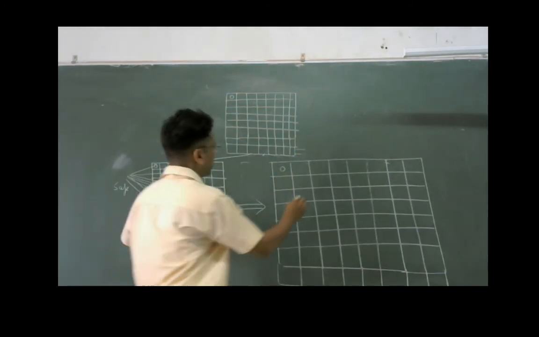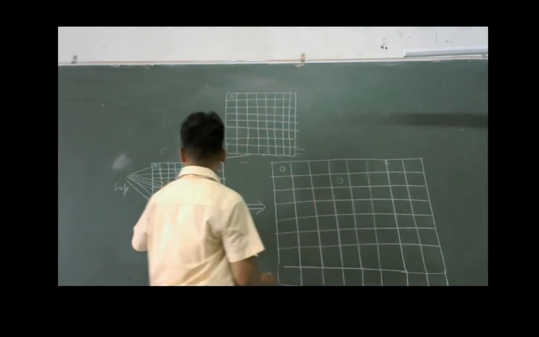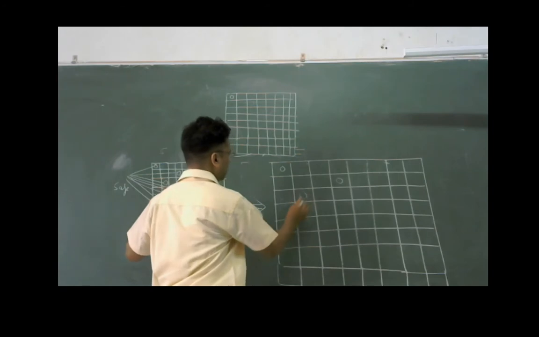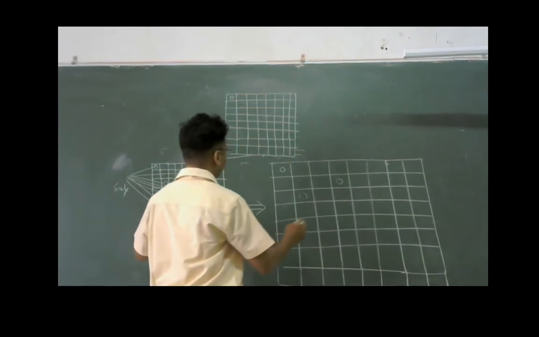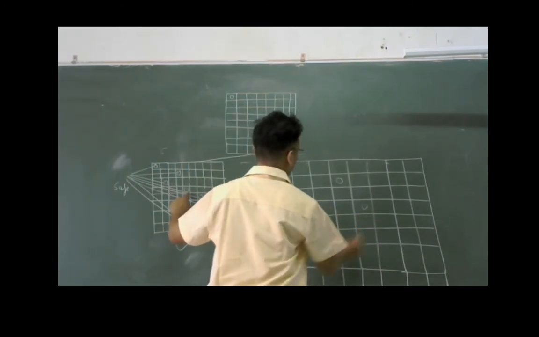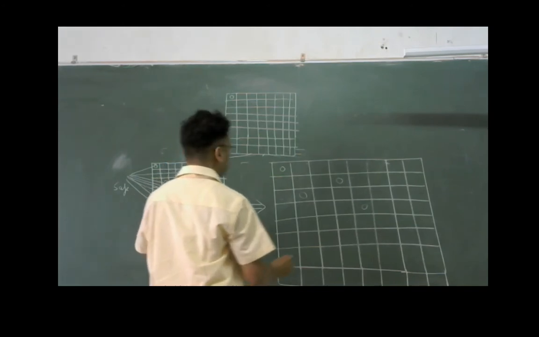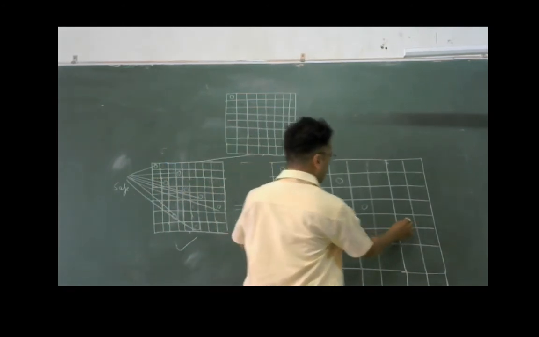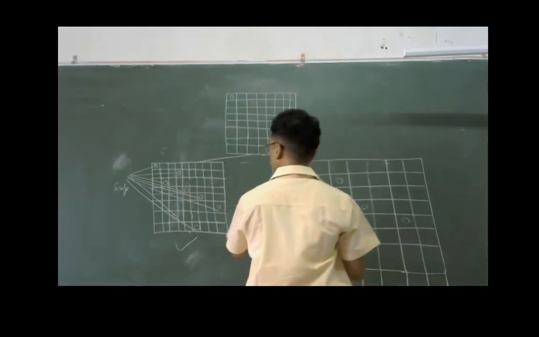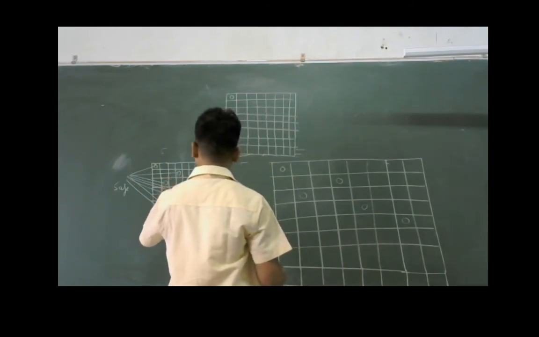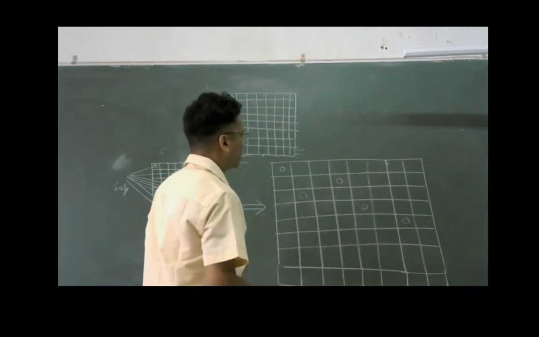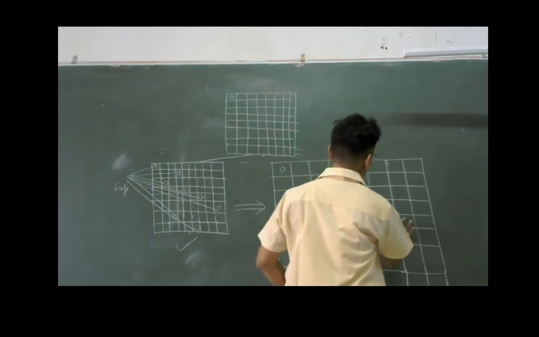Here, this is in the 4th position. This one is in the 2nd position. This one in the 5th, and this one in the 7th position. No, the 7th position is not safe.